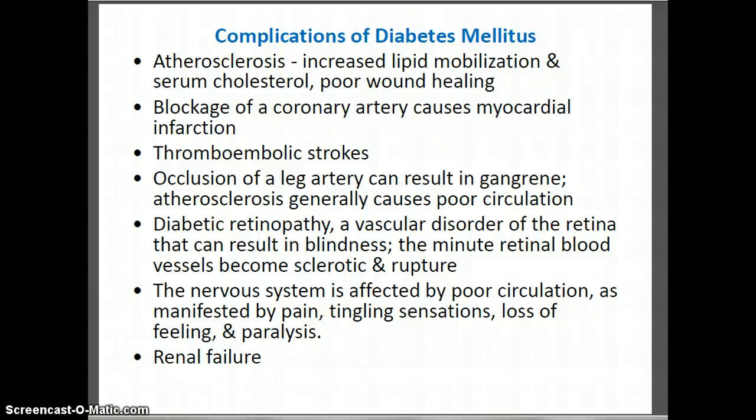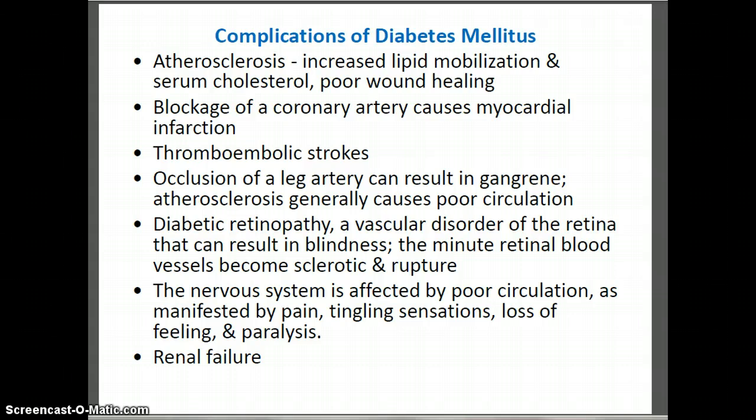Poor circulation. Diabetic retinopathy, which can lead to blindness. Neuropathy, in which peripheral neuropathy, feelings in the periphery, particularly the lower legs, do not exist. So sensations are not received or perceived.